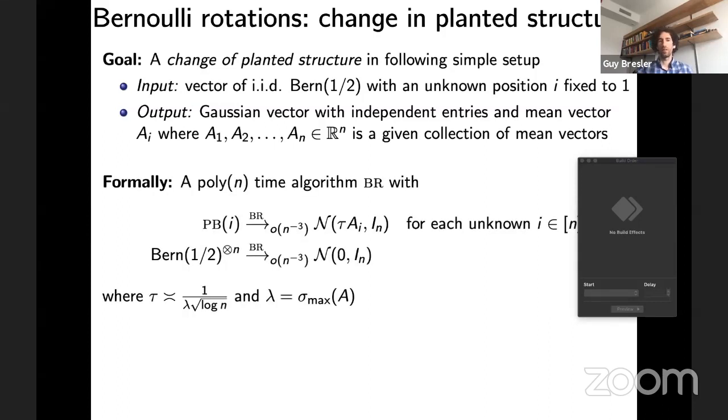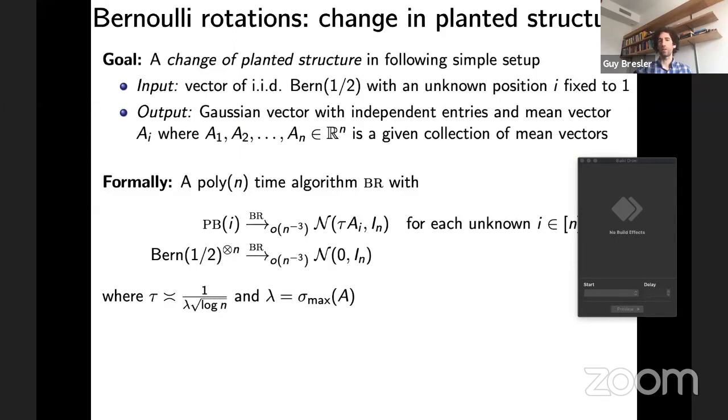Okay, now formally, planted Bernoulli with ith coordinate planted to 1 gets mapped to Gaussian with mean vector a sub i, identity covariance. Tau here is some small scaling, causing a logarithmic loss. There is this lambda here, which is the maximum singular value of the matrix A that's formed by stacking these rows, which does end up playing a pretty significant role from the technical side of things, but we won't get into that.